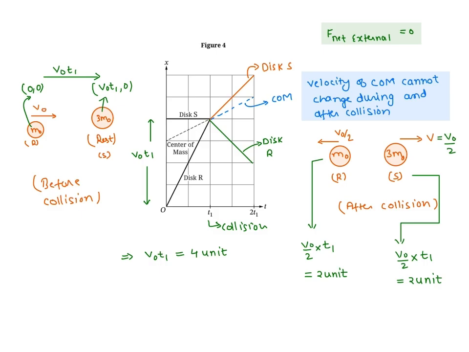But since it is moving towards the minus x direction, its x coordinate should decrease. So we are decreasing the x coordinate by 2 units. So now this is the graph for your disk. So this is the graph for disk S, this is for disk R, and this is for the center of mass.